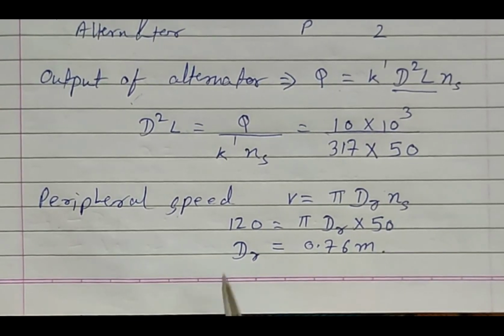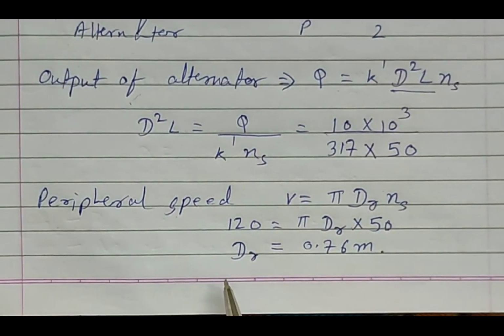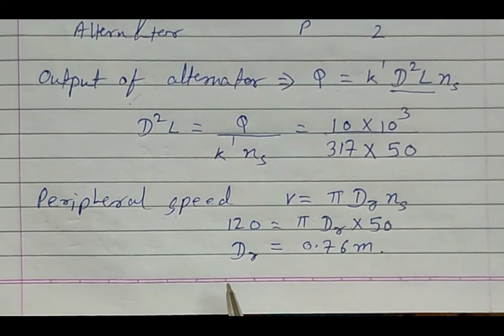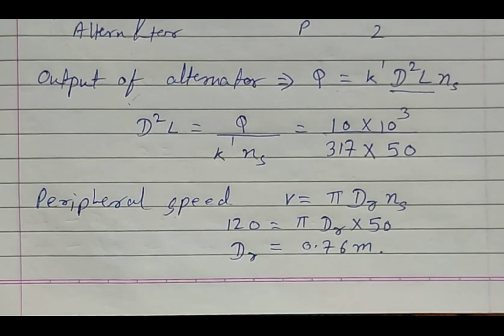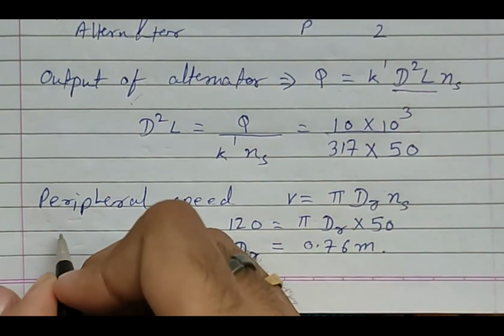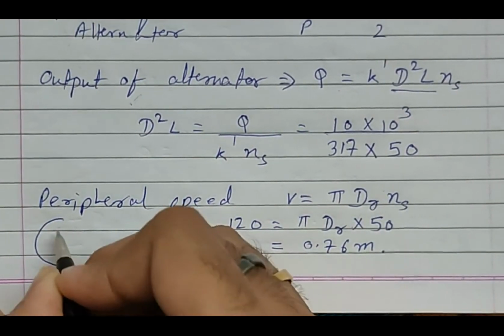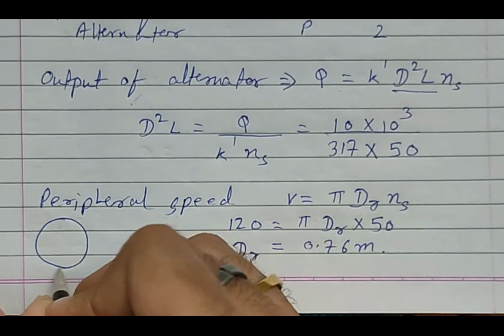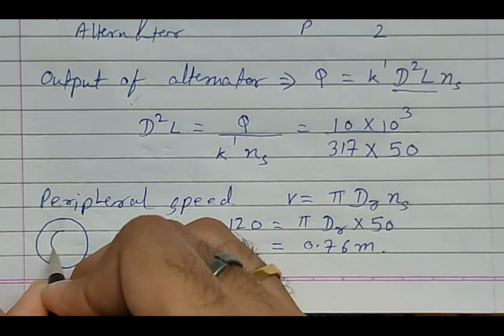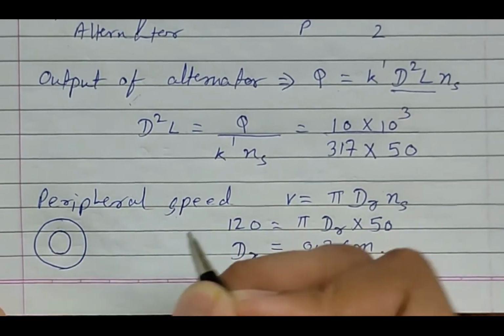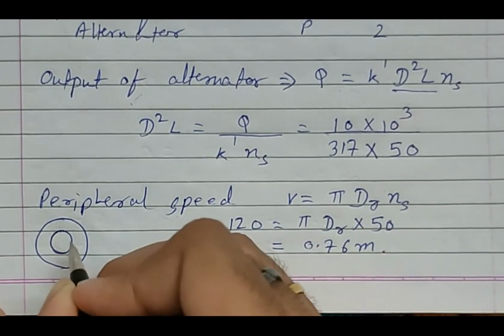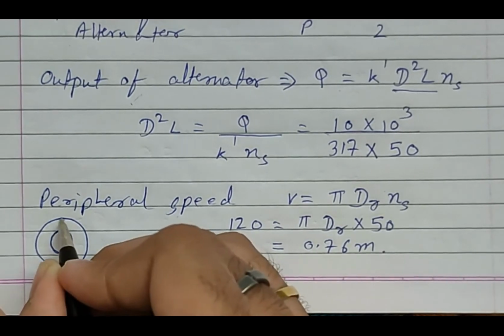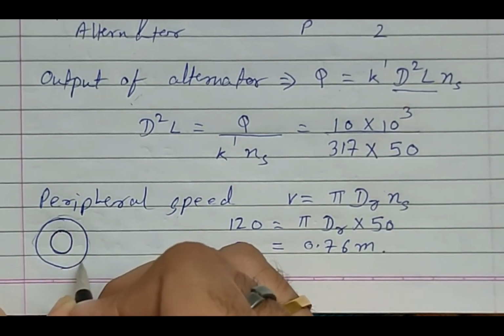Once the outer diameter of the rotor is found out, we can find out the internal diameter of the stator by simply adding the air gap on both sides. Let us see this pictorially. Let us consider this as the rotor and this as the stator.